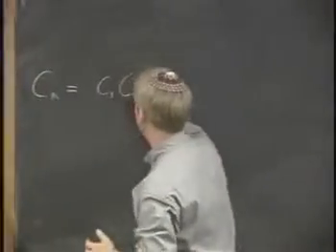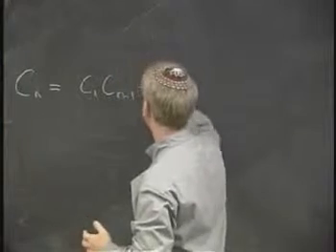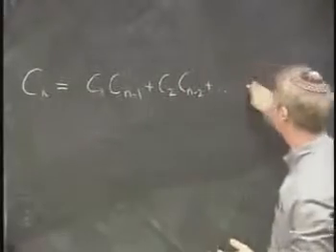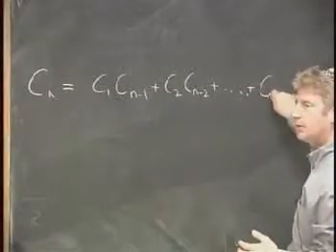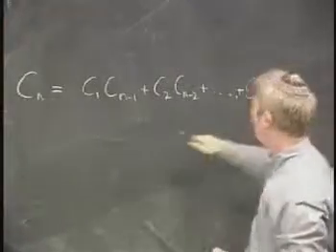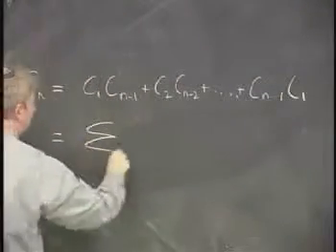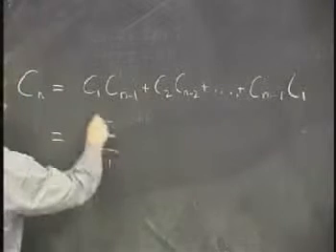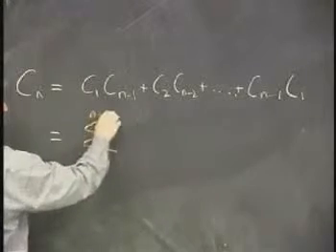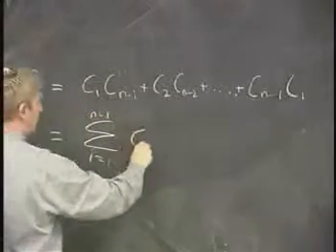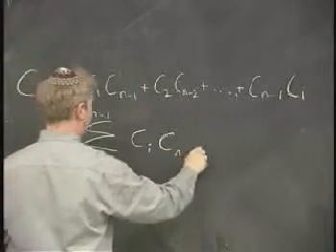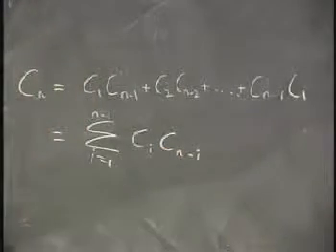C1 times Cn minus 1 plus C2 times Cn minus 2, all the way up to Cn minus 1 times C1. And that's the same as what Michael was calling out: the sum from i equals 1 to n minus 1 of Ci times Cn minus i.